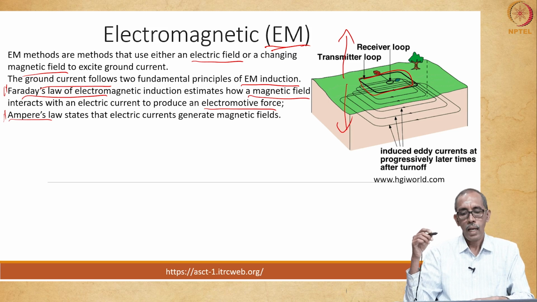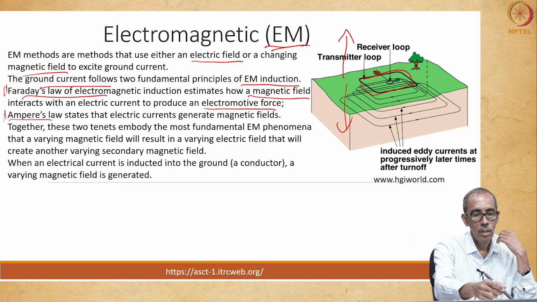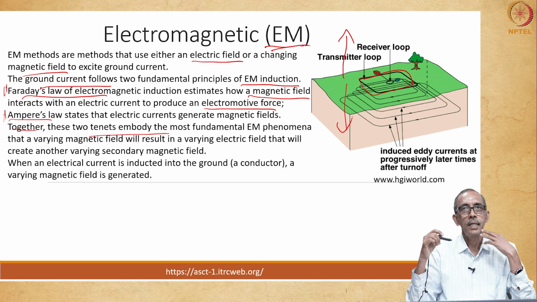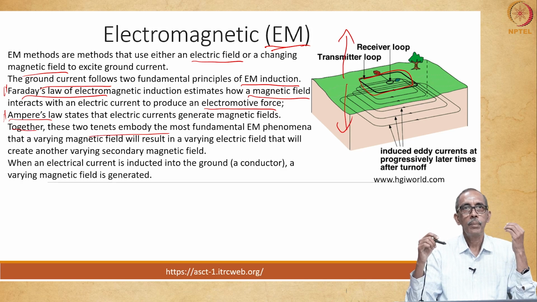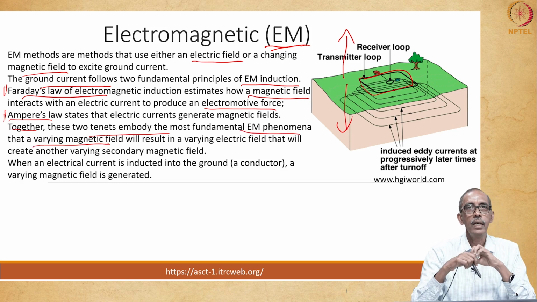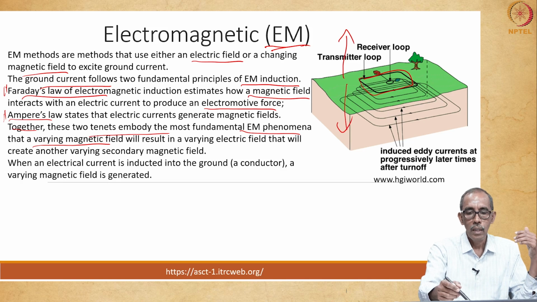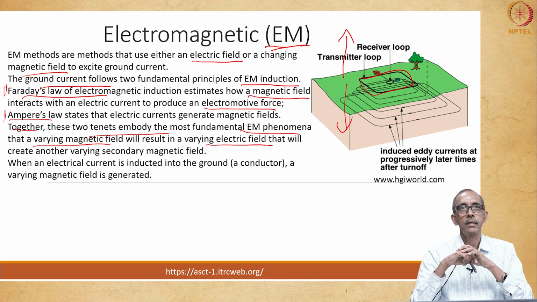Right? Together these two laws create an electromagnetic phenomenon that leads to a varying magnetic field, which in turn will result in a varying electrical field.